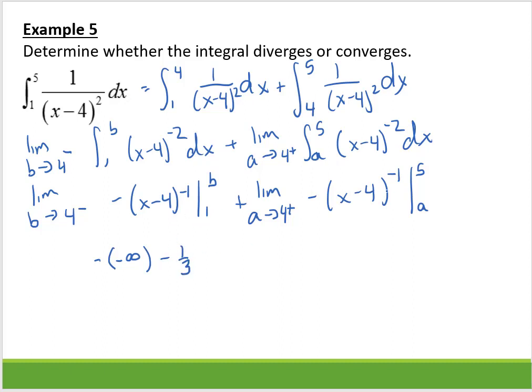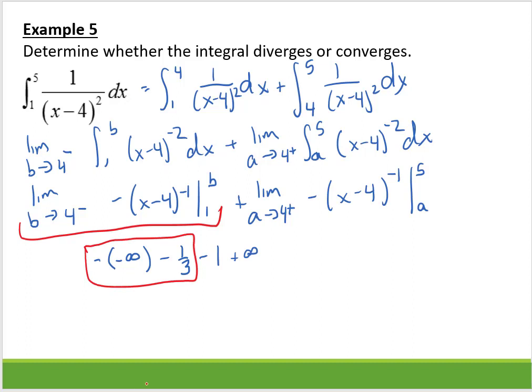When I plug in 5, I get a minus 1. When I plug in 4, I get a positive infinity. But on that last slide, it said that if one of these diverges, the whole thing diverges. From this point right here, I know that that diverges, so the entire thing diverges. Okay?